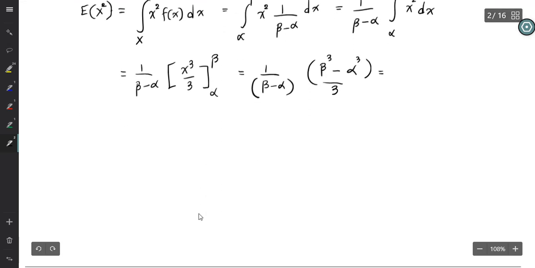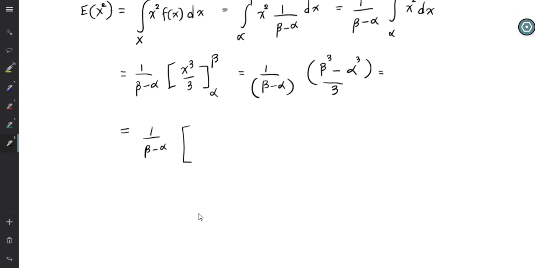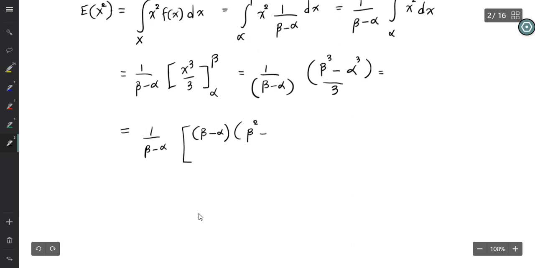that will be, let's start writing beta minus alpha, our term outside the integration. Now expanding beta to power 3 minus alpha to power 3, that will be beta minus alpha, and then you have beta squared plus alpha beta plus alpha squared, over 3.